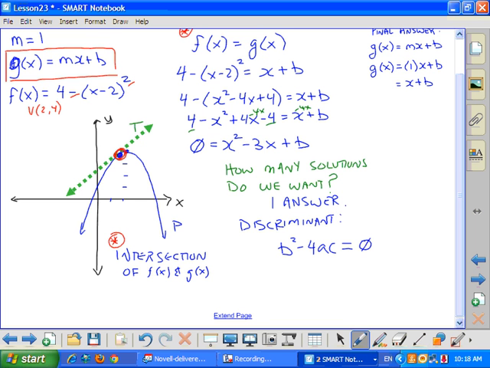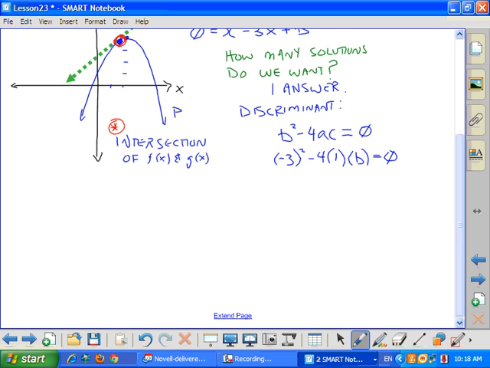So doing our substitution, negative 3 squared minus 4. Our a value is 1, and our c value is the b term. So we need to solve that. We end up with 9 minus 4b equals 0. 9 equals 4b, or b equals 9 over 4.